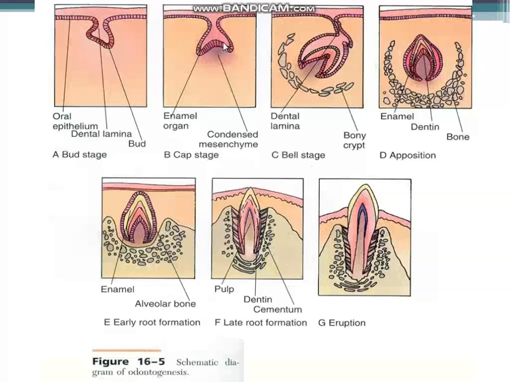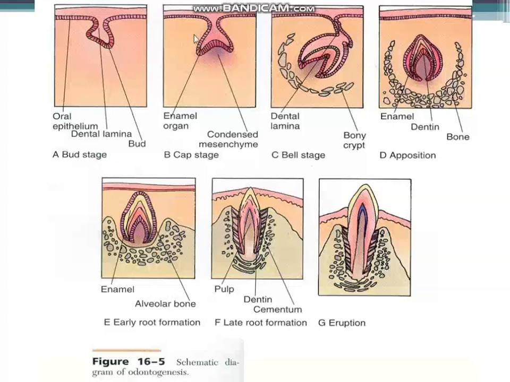And it appears that the ectomesenchymal cells of the dental papilla, which is located on them, produce some cytokines, the signaling molecules, which will induce the enamel knot, and it will become the principal signaling center of tooth morphogenesis.